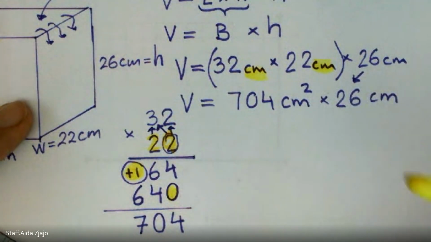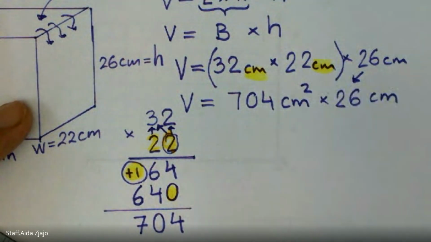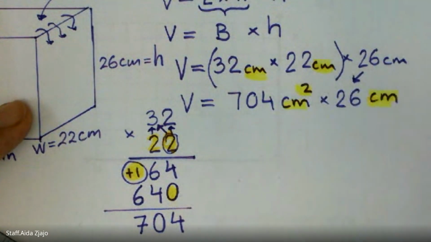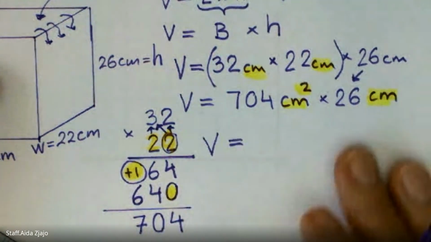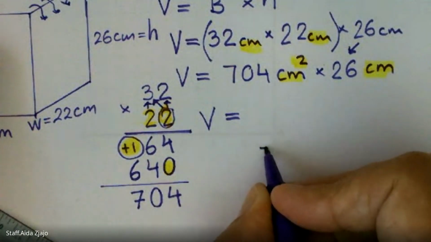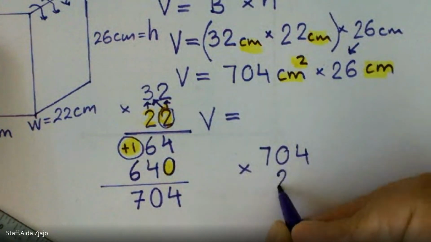When you multiply 704 by 26, you're also going to multiply square centimeters by centimeters, and that's how you get cubic centimeters as your answer. So volume equals 704 times 26.